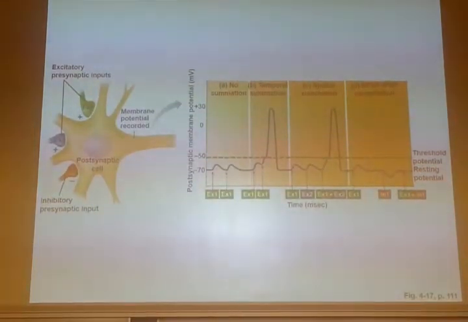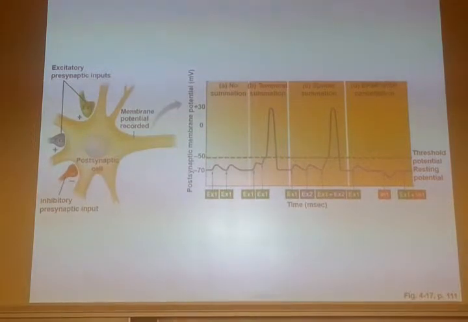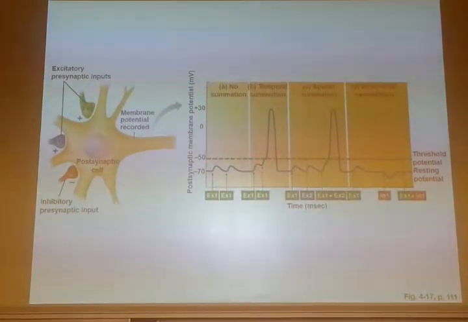So here, we've got 3 nerve terminals. Nerve terminal 1 is excitatory, EX. Nerve terminal 2 is an EX, so excitatory. Nerve terminal 3 is IN, so inhibitory.